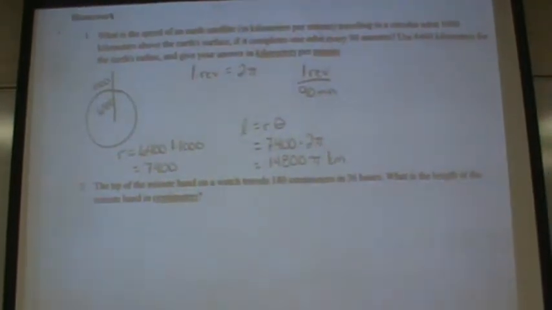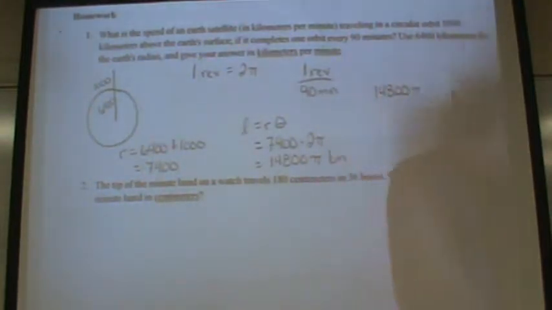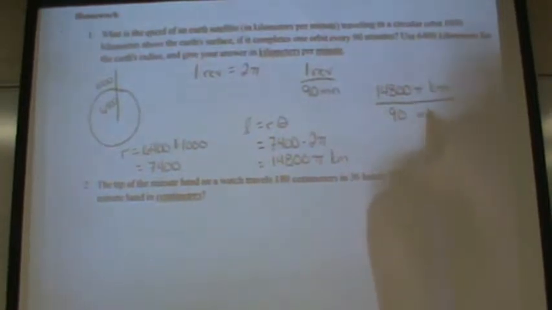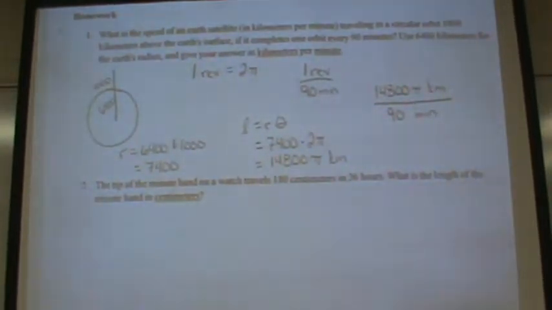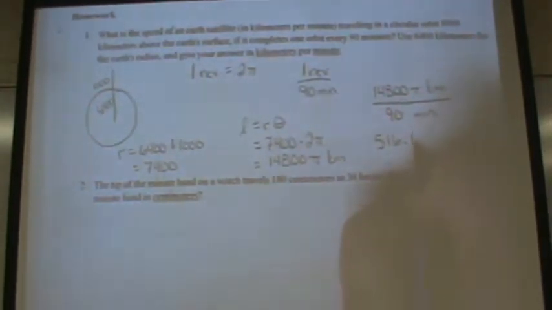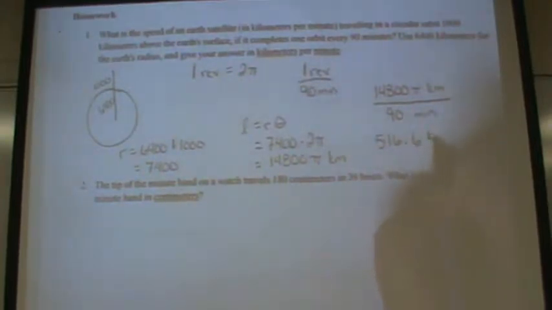So we're going to take the kilometers that we just found, the 14,800 pi kilometers, and divide by the 90 minutes that it took to complete that 1 orbit. So now we have kilometers over minutes, so we have our speed. And when we divide this out, we get 516.6 kilometers a minute.